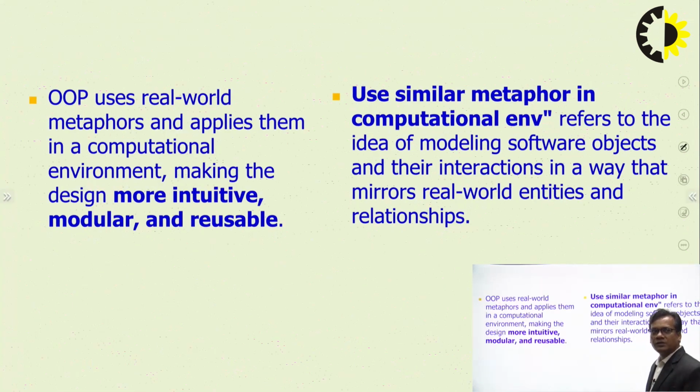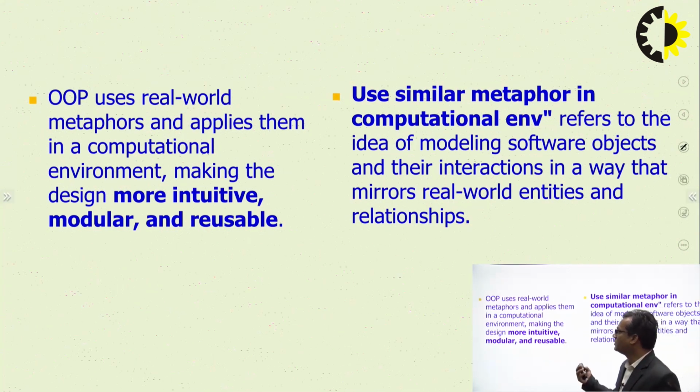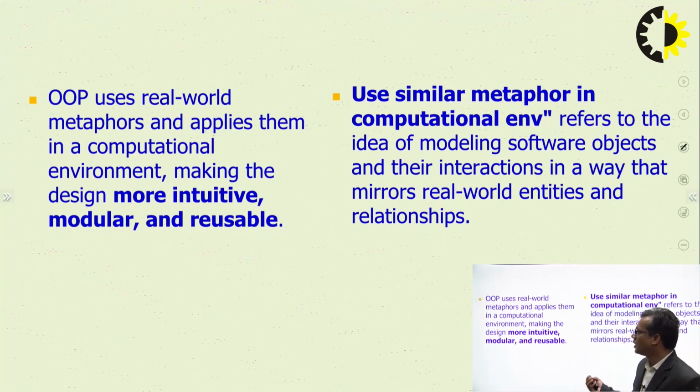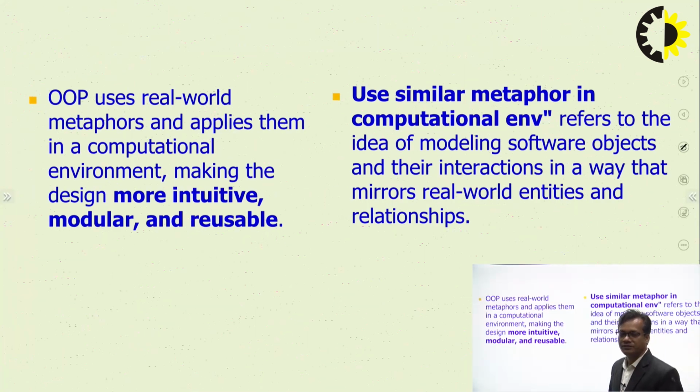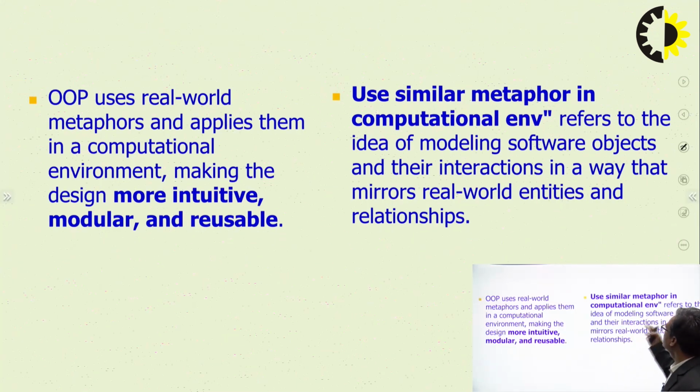Now if we talk about OOPS as a real world metaphor applied in a computational environment, that means it makes the design more intuitive, modular and reusable. How? Using similar metaphors refers to the idea of modeling software objects and their interaction in a way that mirrors real world entities and relationships.